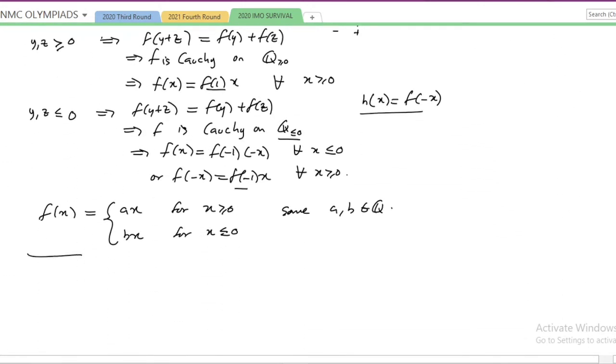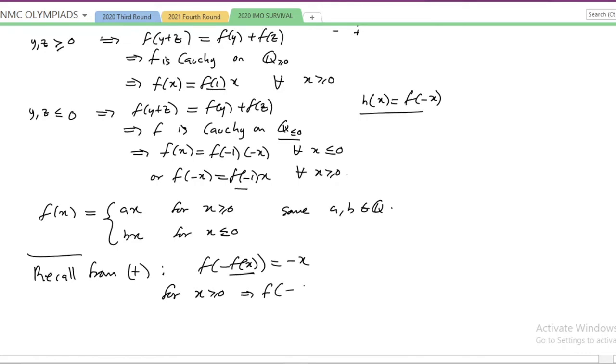So here we recall from plus we have f of minus f of x is minus x. Okay, so for x greater than or equal to 0, we can simplify this to be: we have minus ax is equal to minus x.